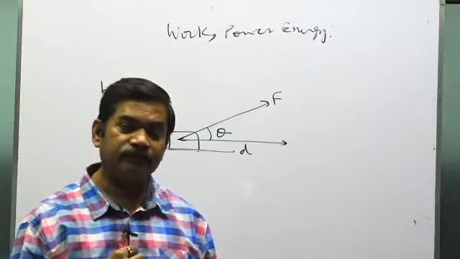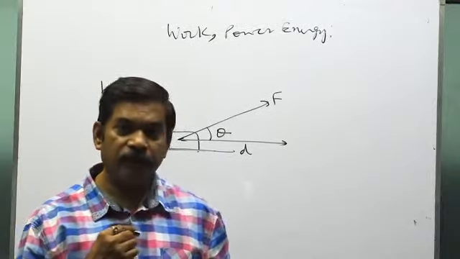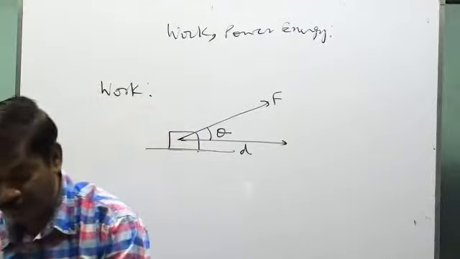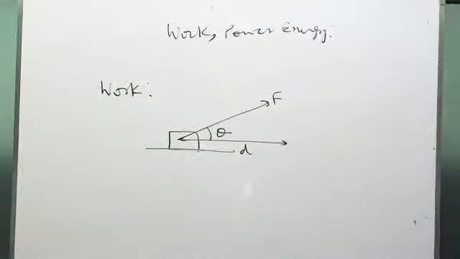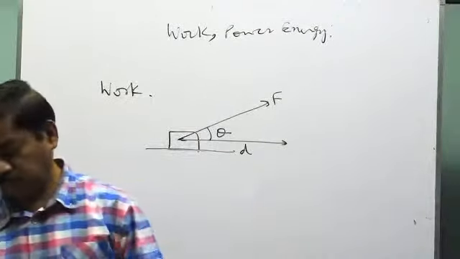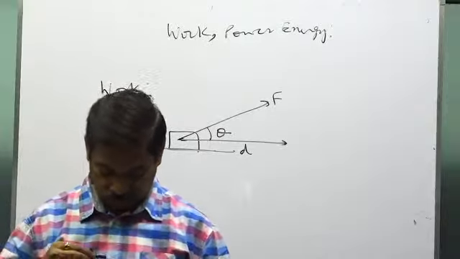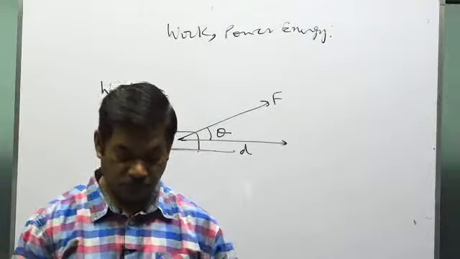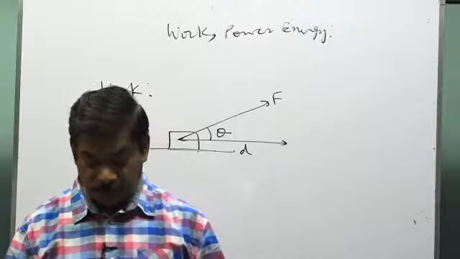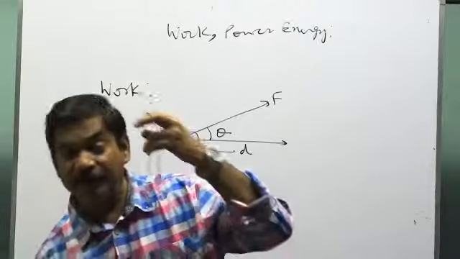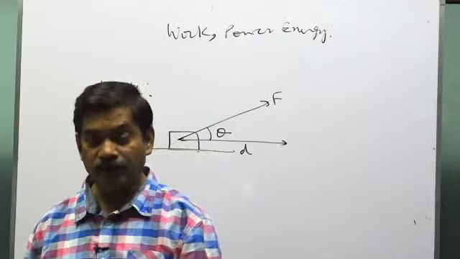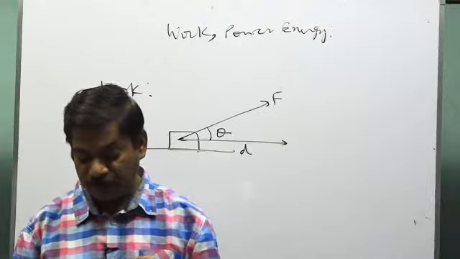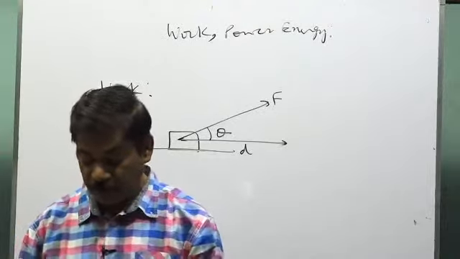How can it happen? If you feel that force is in a different direction, how can displacement be along a different direction? It's not that. As I told you, there might be some other forces acting on the body, a number of forces.